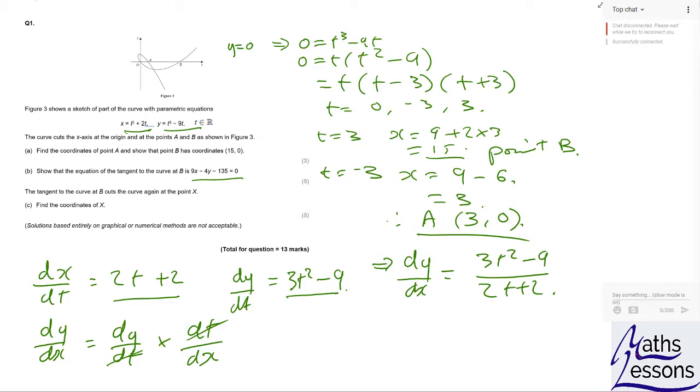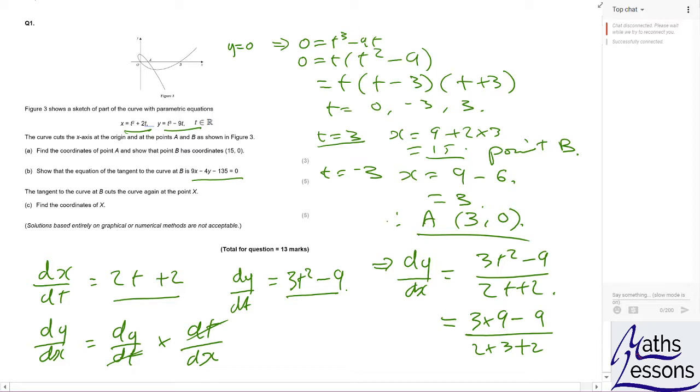Anyway, we're at the point B, so we've got to put in those values, and at point B, t was equal to 3, so put that in. So be careful, easy mistake here, I nearly did it myself, is to put 15 in. So you've got 3 times 9 minus 9 over 2 times 3 plus 2.